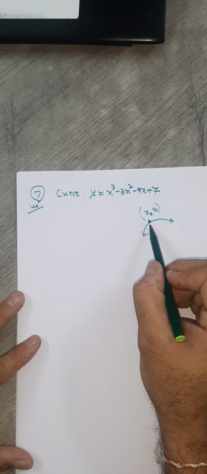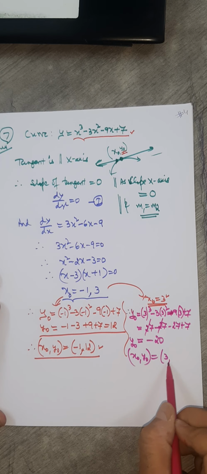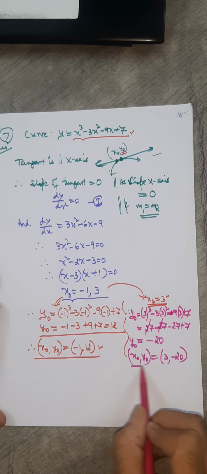So we simplify here. What will we get? 27 minus 27, again minus 27 plus 7. So this will get cancelled. Here you are left with just minus 20. So x0, y0 will be here 3 comma minus 20. So there are 2 points where tangent is parallel to x-axis: minus 1 comma 12 and 3 comma minus 20.